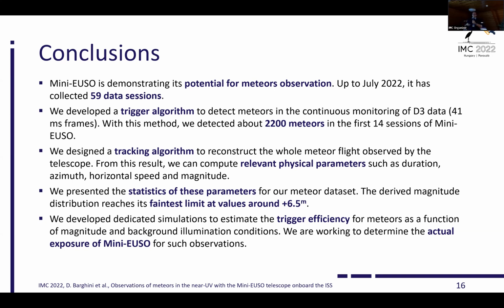There are in the world a bunch of instruments that may detect a large data set of meteors, but these data are not used yet. So this is work done for these instruments, and we will publish results, I think, at the end of this year or the first period of 2023. So thank you for your attention.